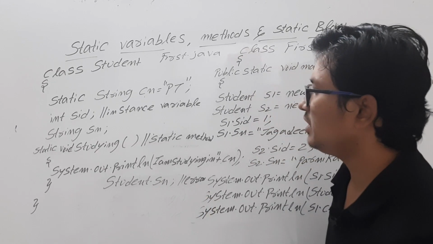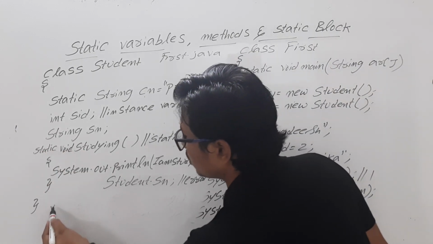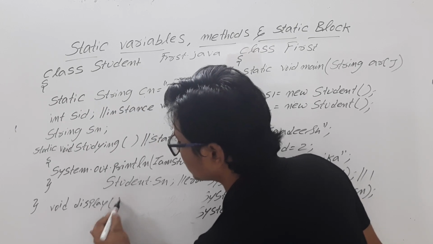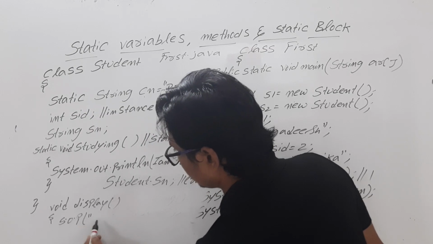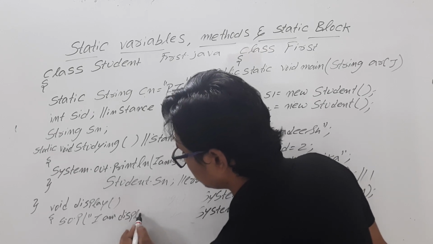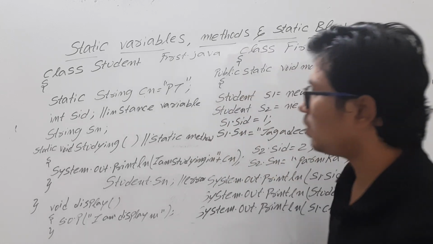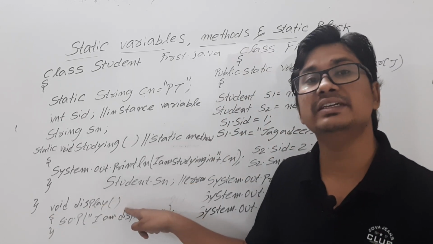Similarly, suppose I have a method void display, and I have written System.out.println("I am display method") to make you understand the point. There is no static keyword, so now I can say that this is an instance method.